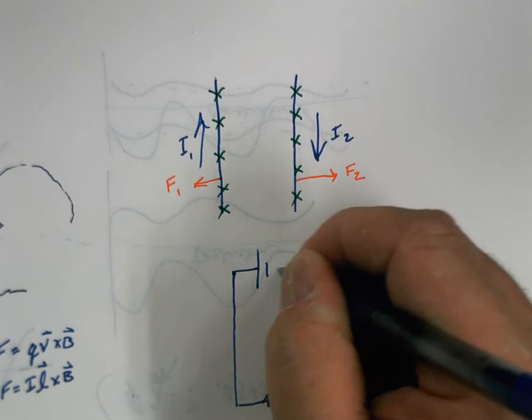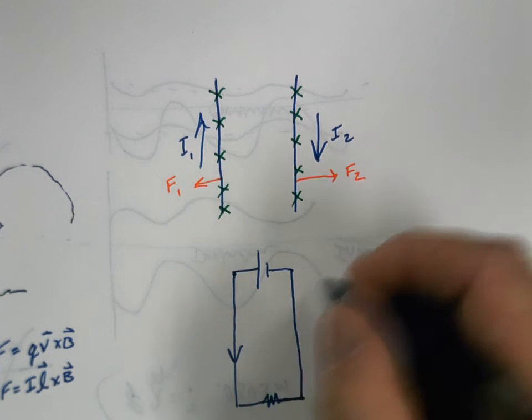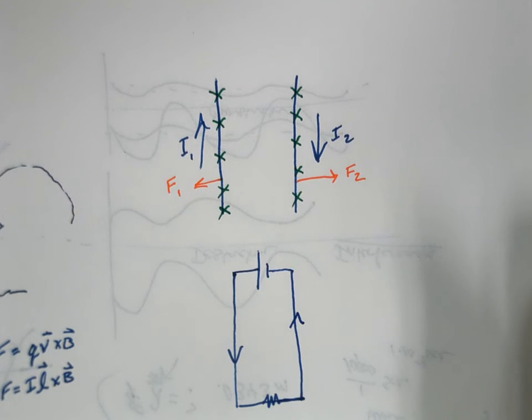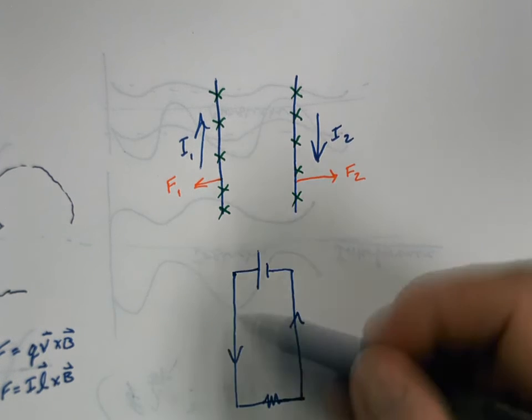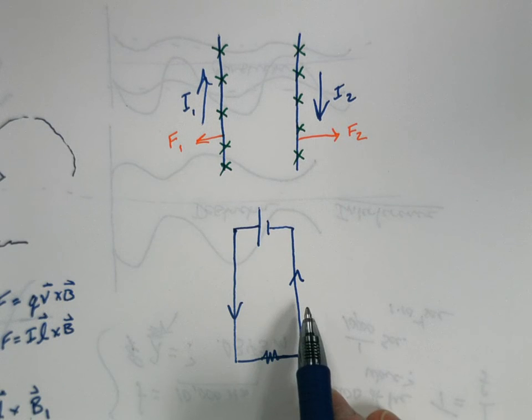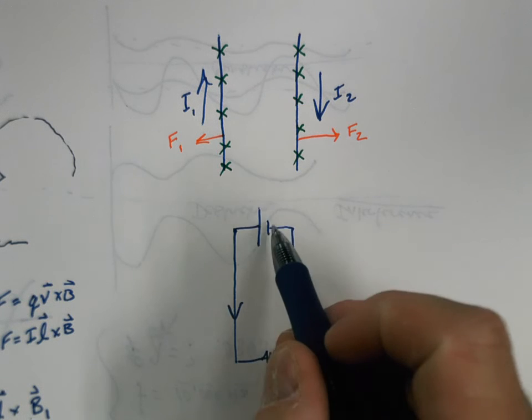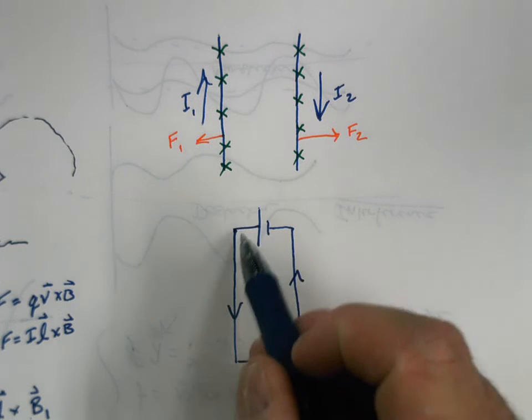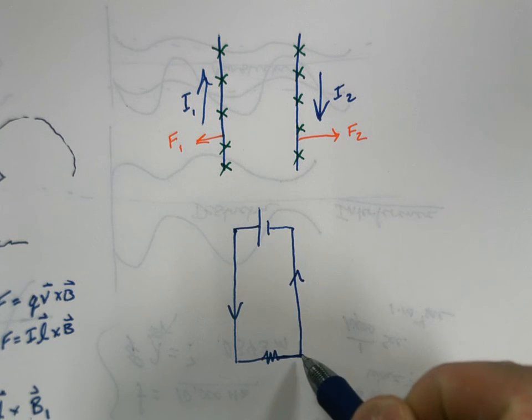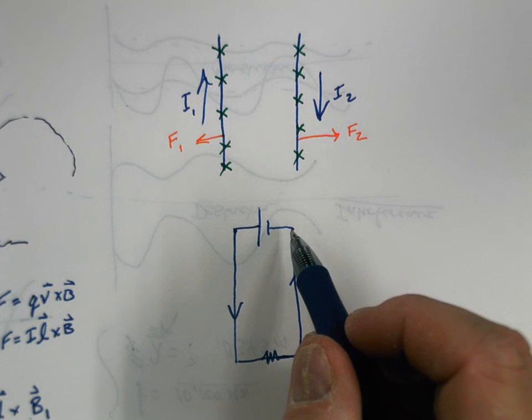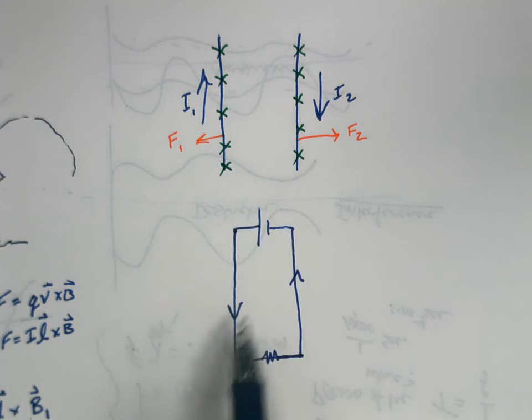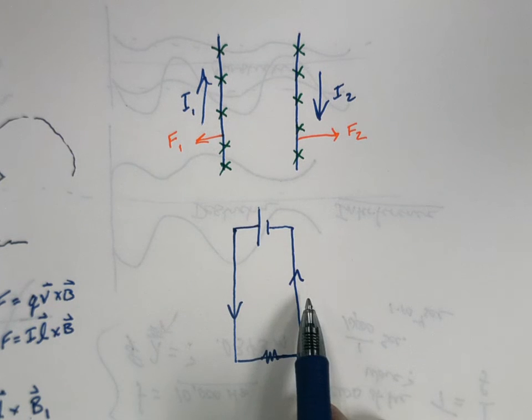So this has a current in that direction, and this is going to have a current in that direction. How would we describe these two wires? This wire and this wire are opposite. They repel. Do we have any options here? We don't have any options to go anywhere, right? That means these two wires are in series, right?